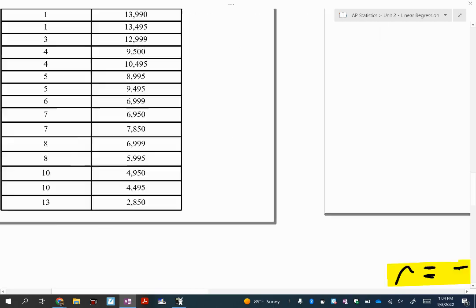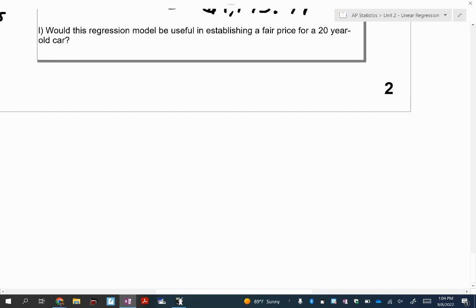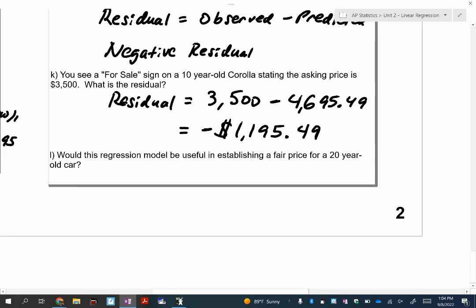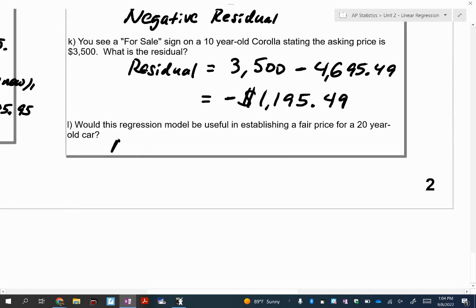It's not appropriate to use this model if you're going further in either direction. A lot of students think it's always going to be greater than, but no, it could be the other direction. So essentially, no, because this is extrapolation. I'm not saying you can't do it, but you want to be cautious if you're using extrapolation.